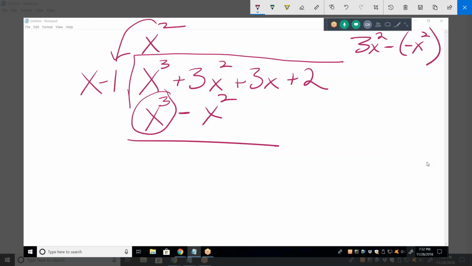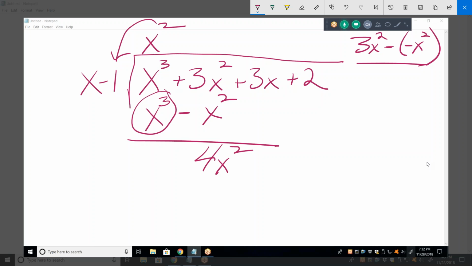And when you're doing subtraction, you really kind of need to do it in 2 steps. If you're subtracting 2 numbers and one of them's a negative number, it's hard to do that in your head. So what's the answer to that? That's 4x squared. All right. Next step.